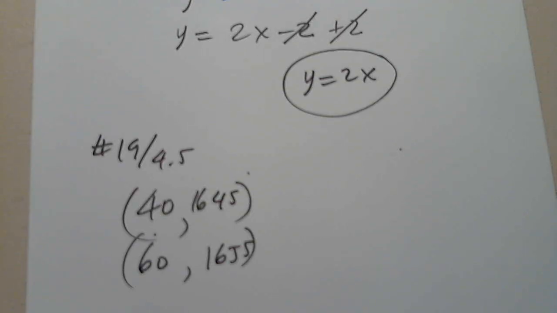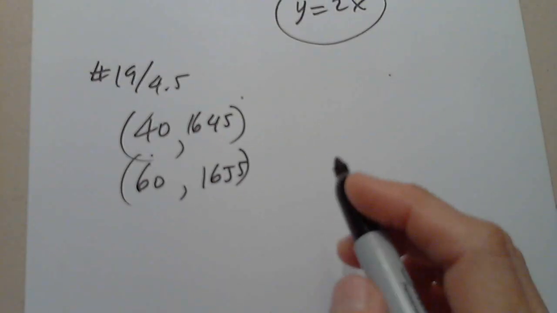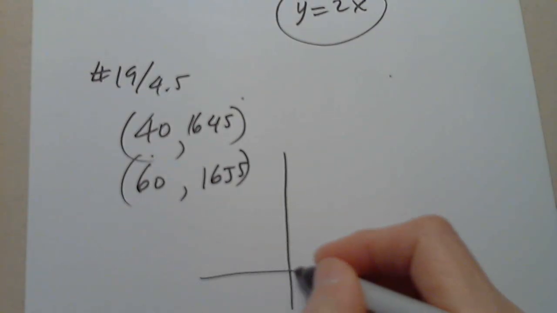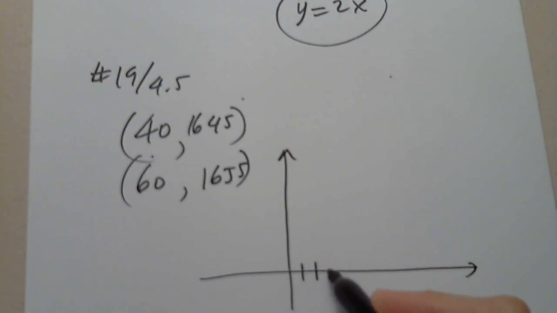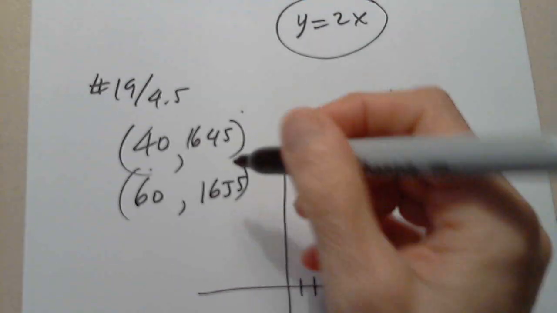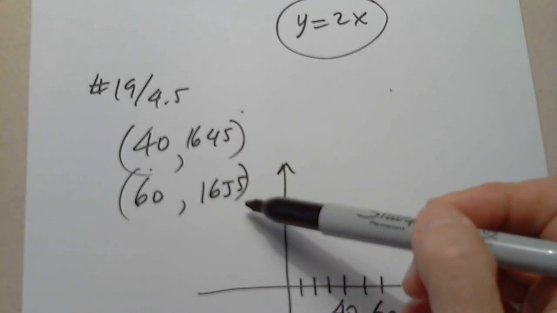Plot the ordered pairs, and choose the graph of the line below. This means nothing to me, so I have to do some work. If I'm asked to plot these, I have 10, 20, 30, 40, 50, 60. And now see what happens here, 1645, 1655.